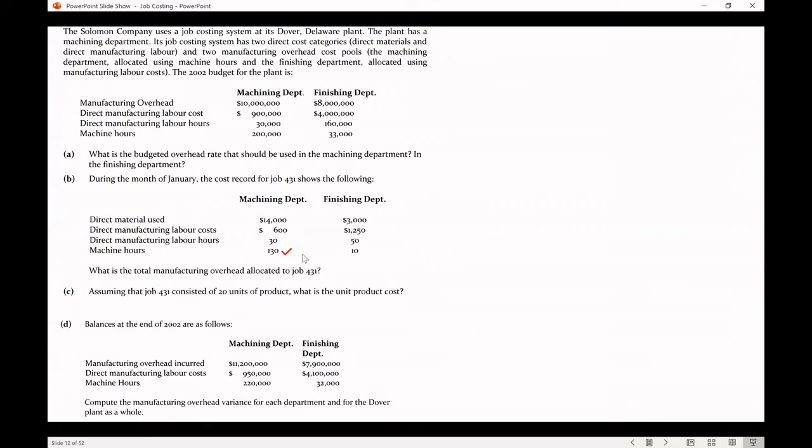So for the machining department, our actual cost driver is 130 machine hours, and the OAR was $50 per machine hour. When we multiply that, because it's actual cost driver times the OAR, we would have gotten what?